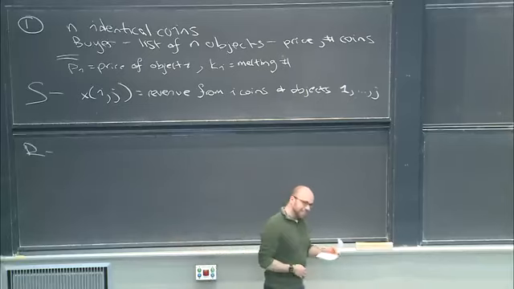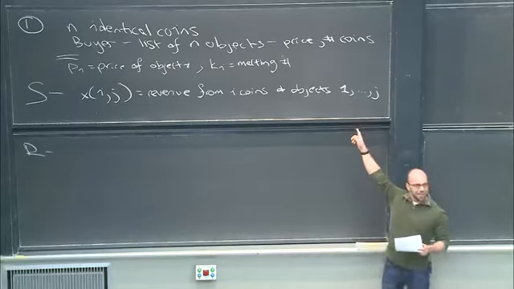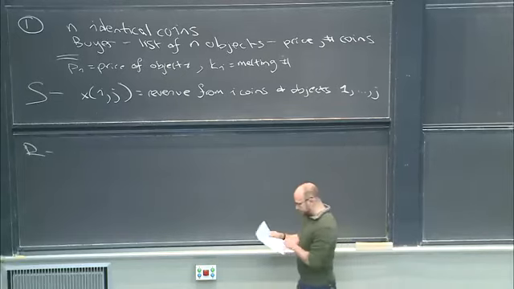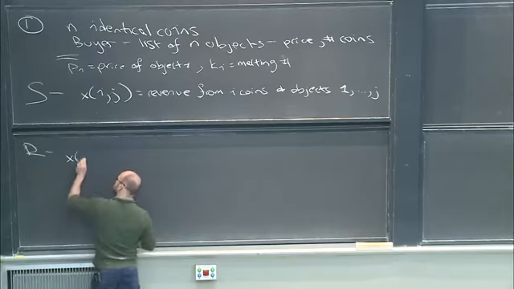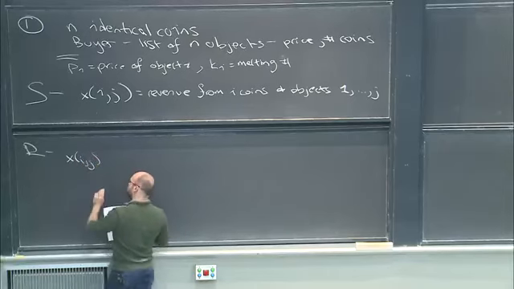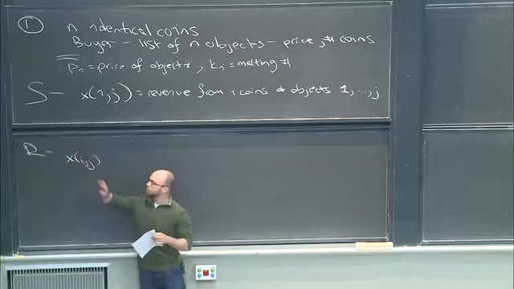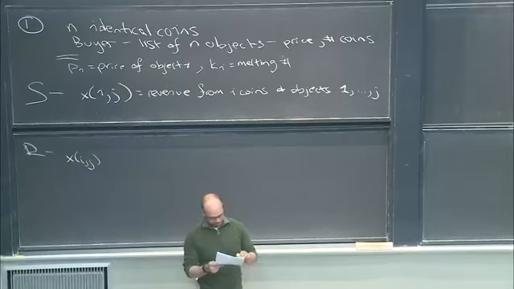And in both of those cases, if j is the very last object that I'm going to consider, that'll be a totally reasonable recursive rule. So in particular, x_ij essentially can take one of two values. And of course, you're trying to maximize your revenue.